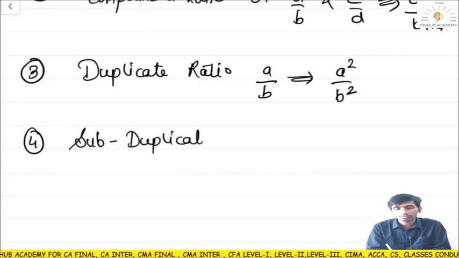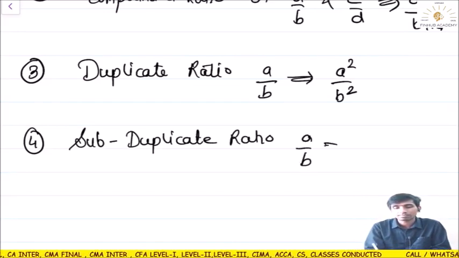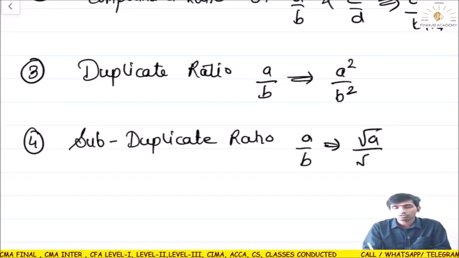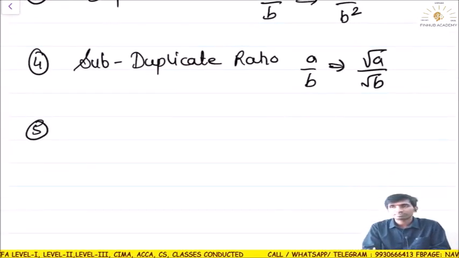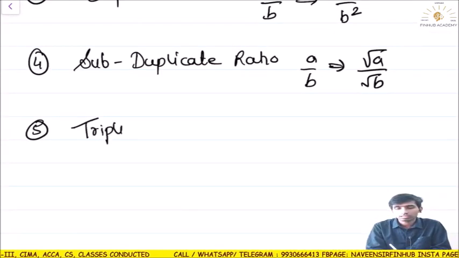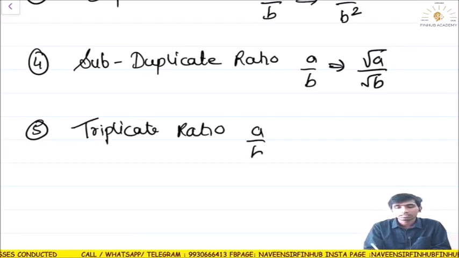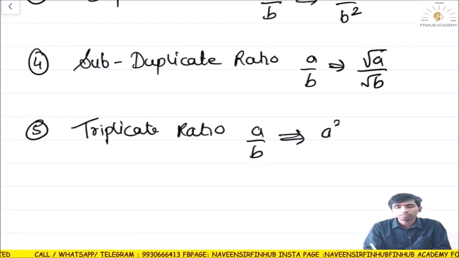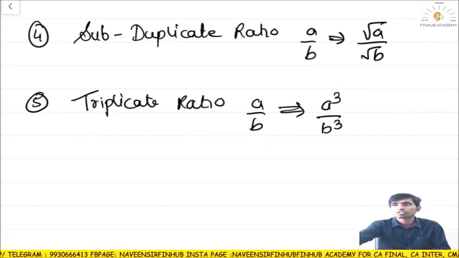Subduplicate ratio: if it is a by b, it becomes root of a by root of b. Triplicate ratio of a by b becomes a cube by b cube. Triplicate means you have to take the cube. Understood?